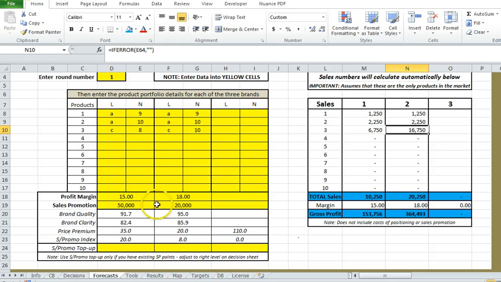But if we look at the other two, we've got exactly the same sales here and exactly the same sales there. Why is that the case? Okay, we've got better quality, we've got better clarity, so that brings us some business. But then we lose it back because of pricing and sales promotion. So again, okay, let's make that $16.